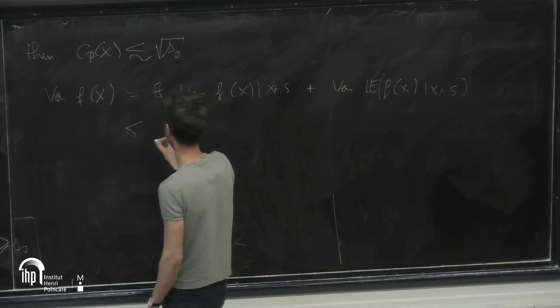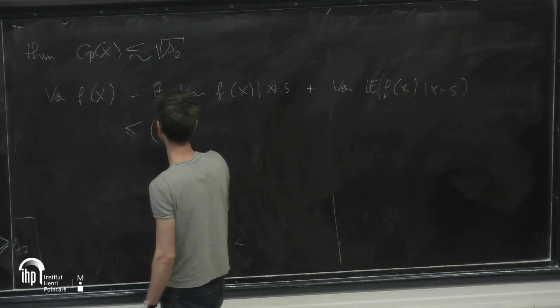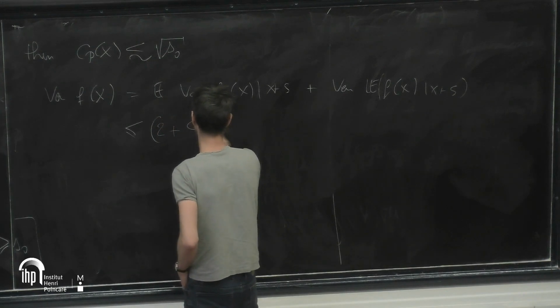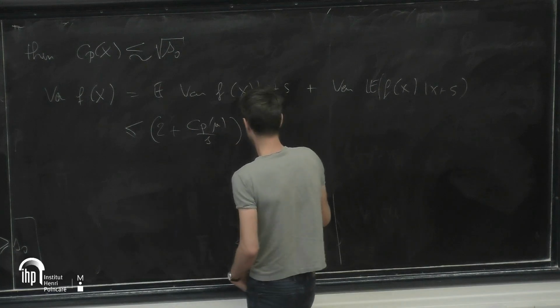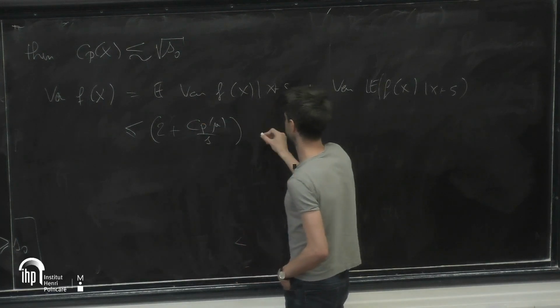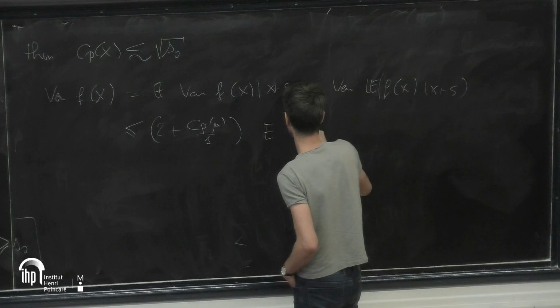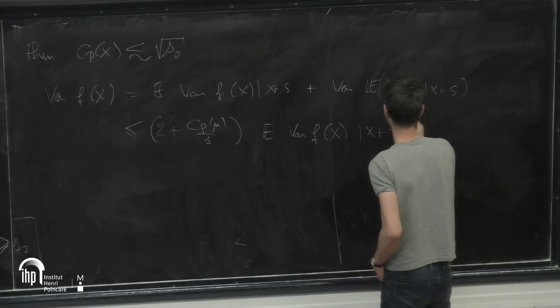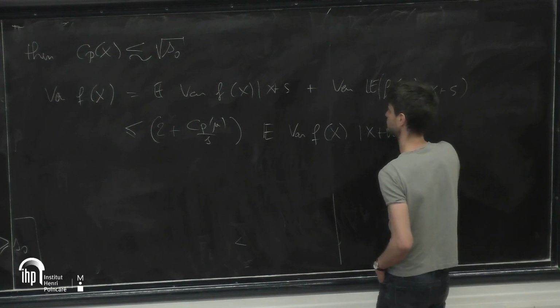And then you get, I don't remember exactly, maybe 2 plus Cp of mu divided by s times this one.